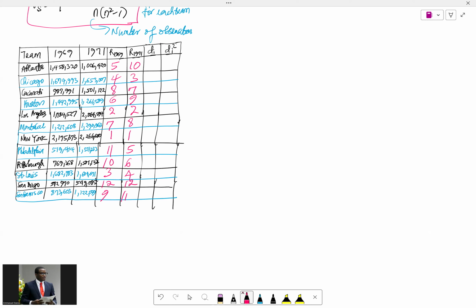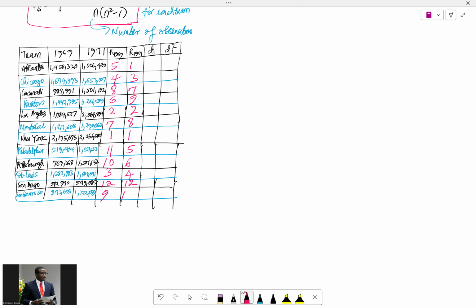Okay, nine is 1261. 10, 1006. Good. 11 is another issue there. We have to switch that too, because 1122 is bigger than 1006.